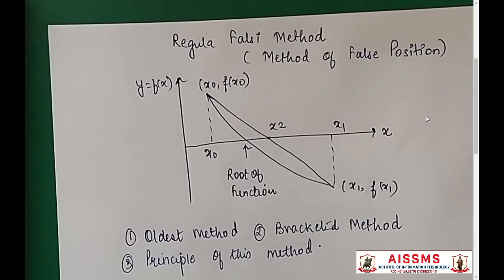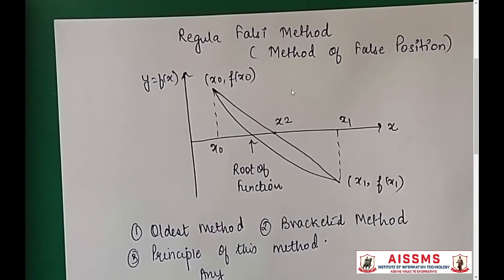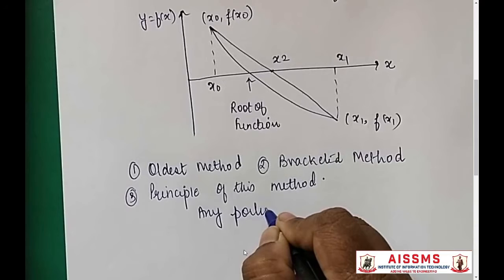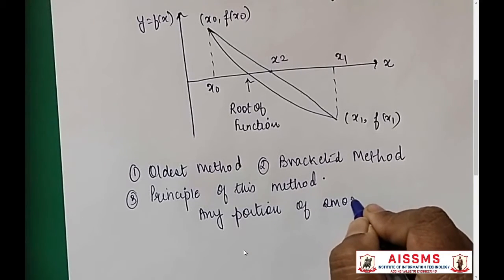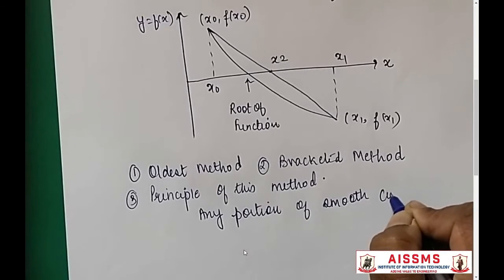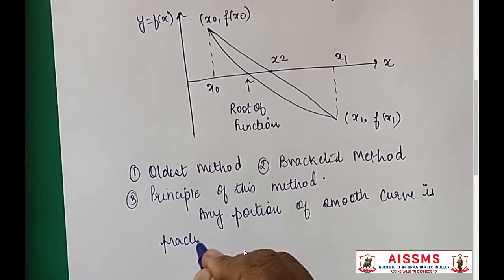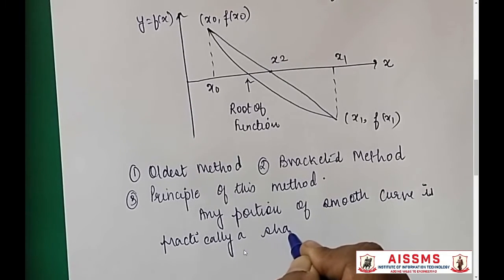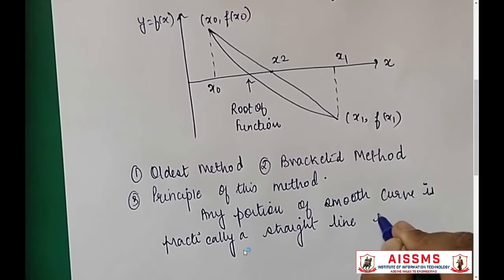It says that any portion of a smooth curve is practically a straight line for a short distance.